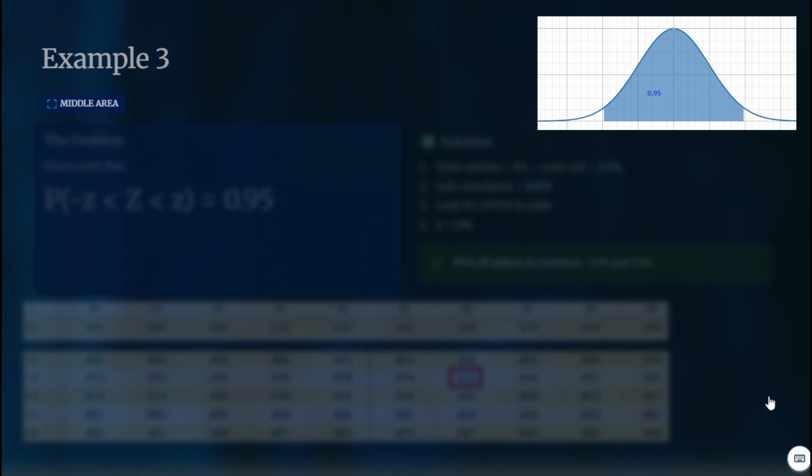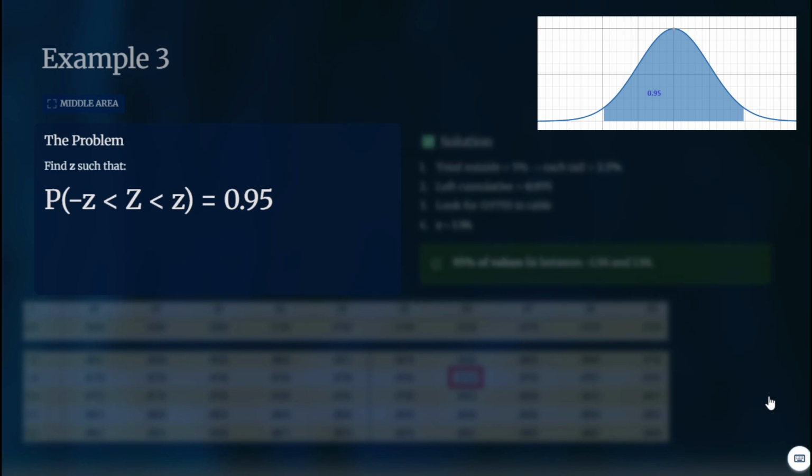Now, what if we have a middle problem? In other words, we want to find z such that the probability that negative z is less than z, which is less than positive z, is 0.95. So the middle area is 0.95, meaning that the outside area will be 0.05, because we know that the cumulative area under the curve is 1.